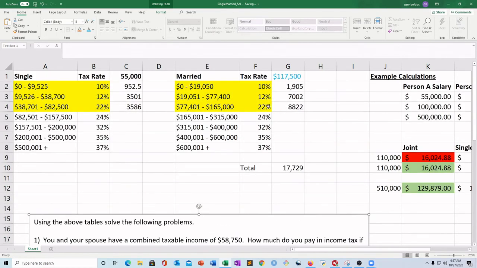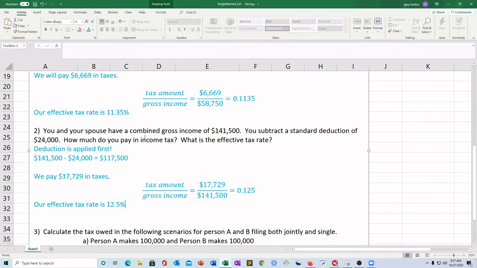We look at it and say, okay, it's bigger than 10%. It's bigger than 12%. You might look at this and say, but Mr. B, I got into the 22%. That's much higher than the 12%. So what's going on here? Shouldn't my tax rate be higher? But remember, we had a really nice $24,000 deduction.